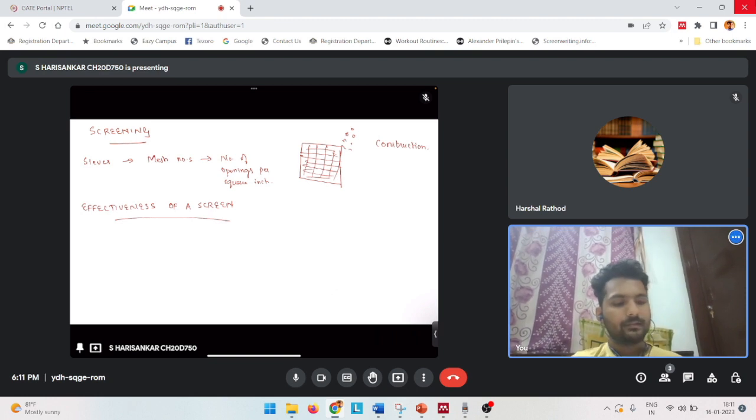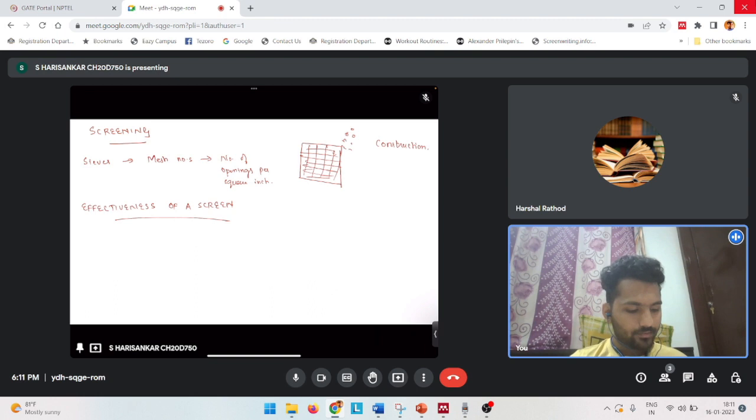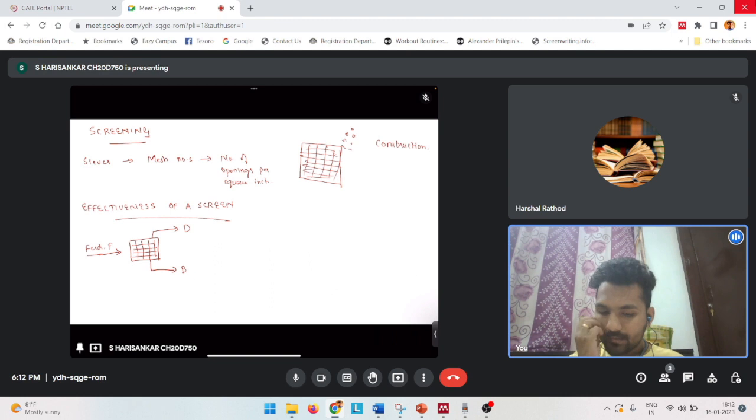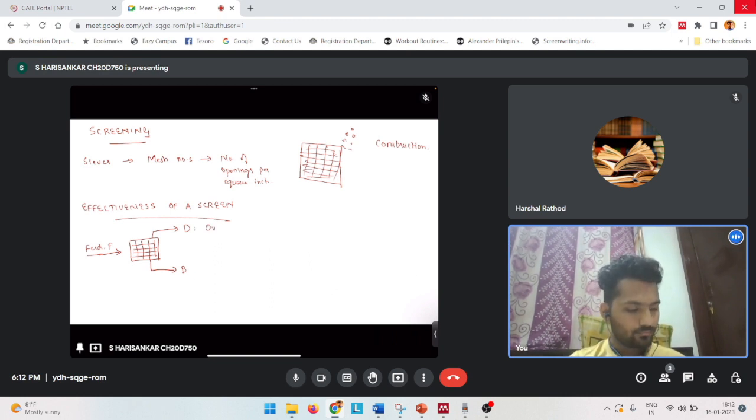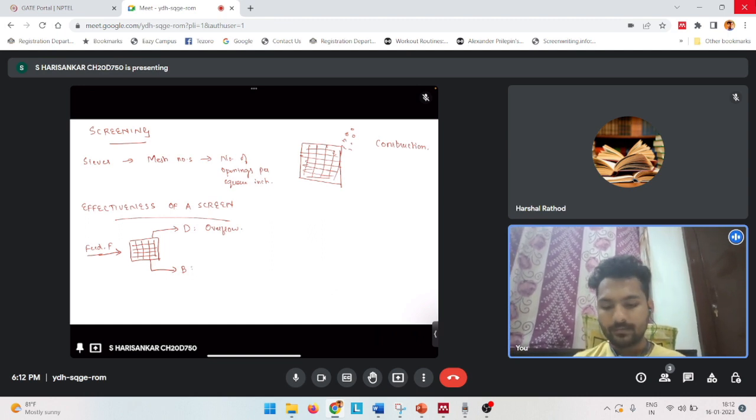Let us just draw a brief block diagram of the screening process. Let us say we have a feed F, and let's say we are passing it through a screen, and let us say we get the top product as D and the bottom product as B. This top product is called overflow, or the one that is not passing through the screen.